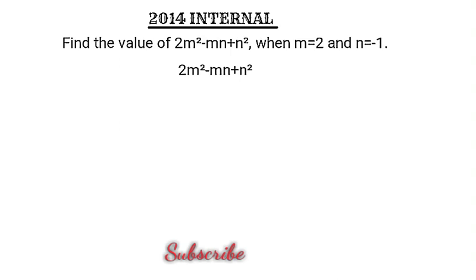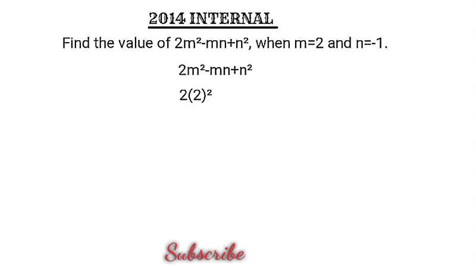So we are going to solve this one together. What we will do is replace the variables by their values, which are numbers. So we're going to write 2. Then what's the value of m? We are told it's 2. So we multiply that 2 by 2 raised to the power 2.